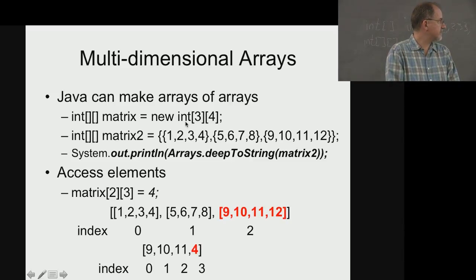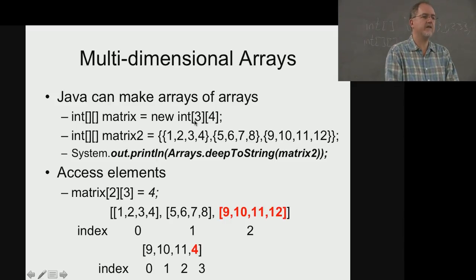Another thing is that if I were to say this, what is this going to be initialized with? A bunch of nulls, right? Because arrays are objects. And so there's no place to store values in there.